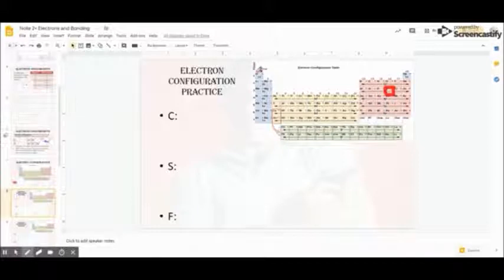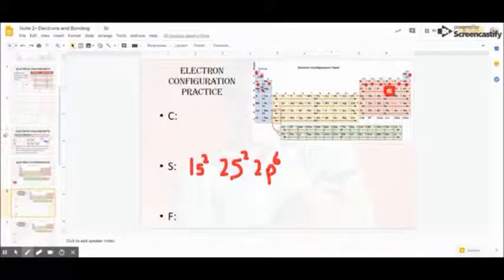Again, we start at the top, at 1s. There are 2 boxes labeled 1s, so it'll be 1s2. Then we go down to the next line, 2s, and there are 2 boxes, so 2s2. Then we go across. This one's called 2p. Let's count how many boxes: 1, 2, 3, 4, 5, 6. So 2p6. We keep going until we get to sulfur's box.